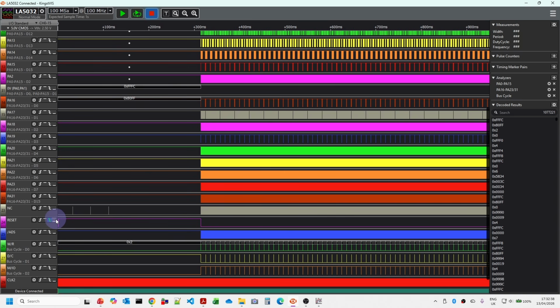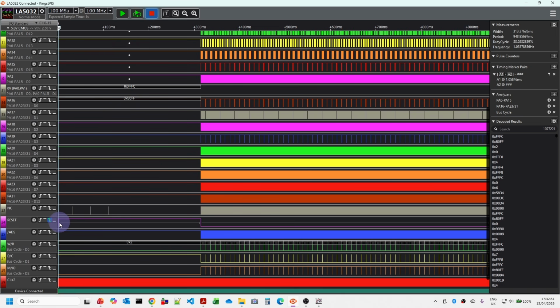And we had some timing markers, so when the power goes on, when it comes out of reset, that was about 313 milliseconds. It's between about 250 and 400 milliseconds normally, the power on reset. So during this period of time, the reset signal is held high. On the Intel CPUs, reset is active high.